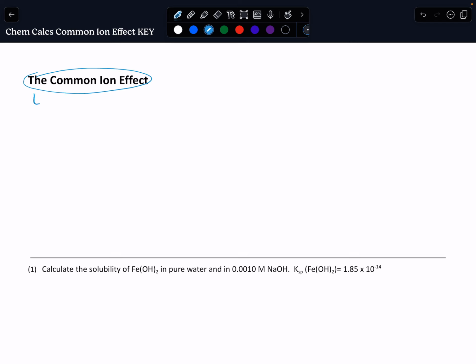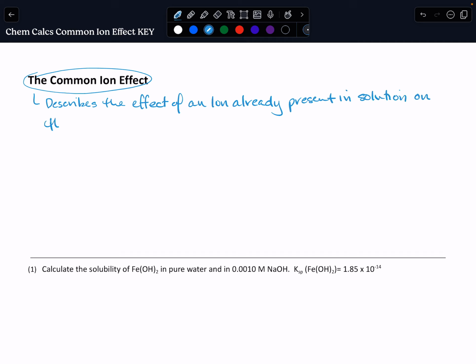All right, so the common ion effect describes the effect of an ion already present in solution on the solubility of an ionic solid.